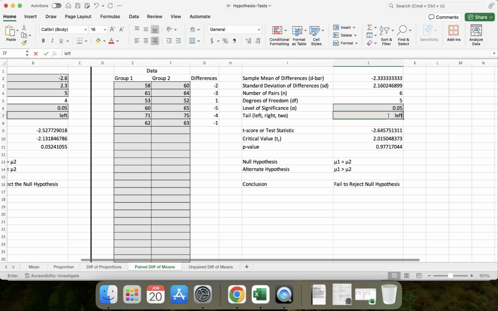Other things for us to plug in, the 0.05. I have to type the word left in here, press enter. And we get a p-value from here. I'm just going to copy this down, and I'll show you what I'm writing.